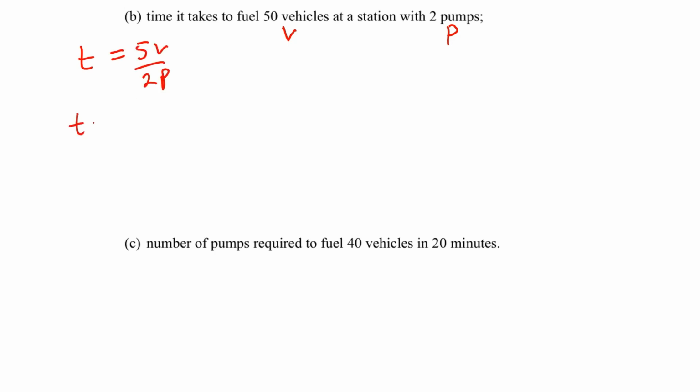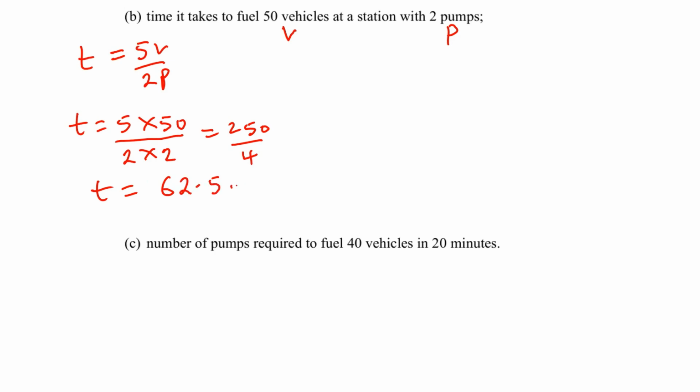So that is T equals to 5 times, what's our V? 50 divided by 2. What's our P? 2. So that is 250 over 4. So we can write our answer as T equals to 62.5 minutes. So that is our answer.